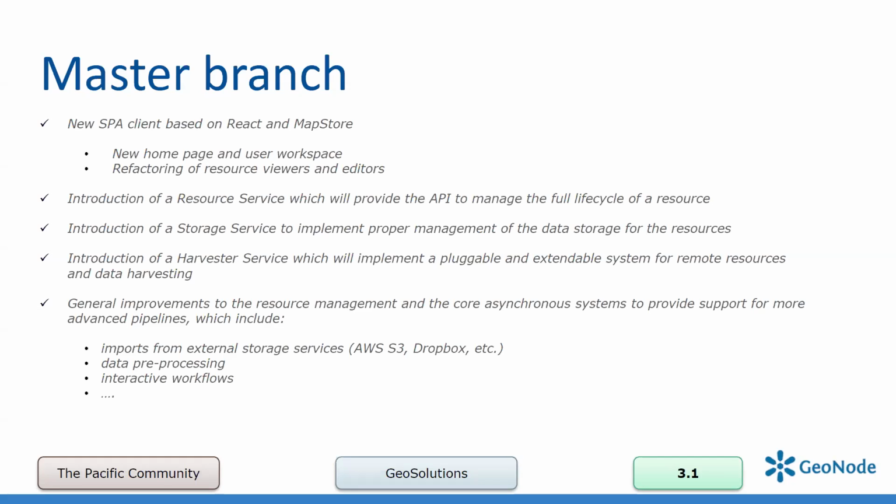In that case, a wizard starts where the user can choose which fields to use as a time series, which format to use, and so on. But we want to make this kind of workflow available also for other kinds of ingestions, and also to be customized depending on the ingestion.